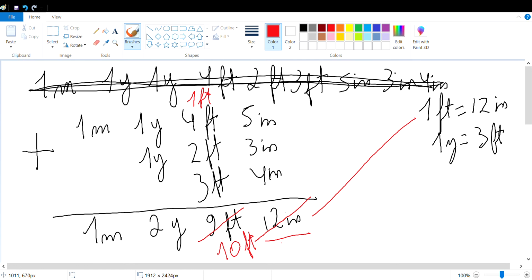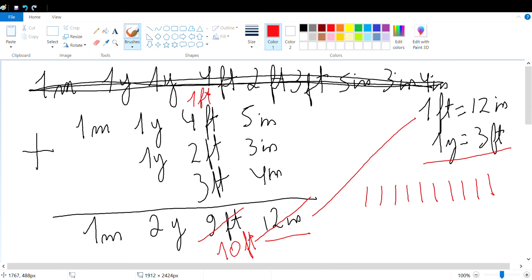Now I have 10 feet, and the chart says that 1 yard is 3 feet. So let's do it this way: 1, 2, 3, 4, 5, 6, 7, 8, 9, and 10 feet.